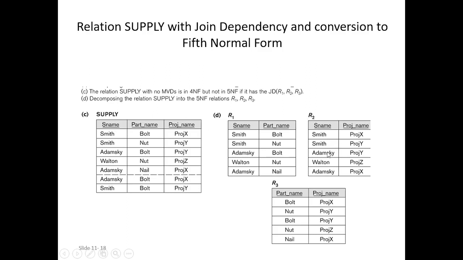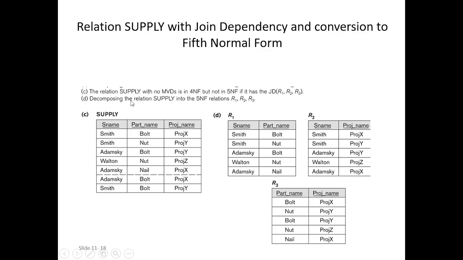So the point is, a natural join on any two relations leads to spurious tuples, but a natural join on all three together gives us R back. So that is about fifth normal form.